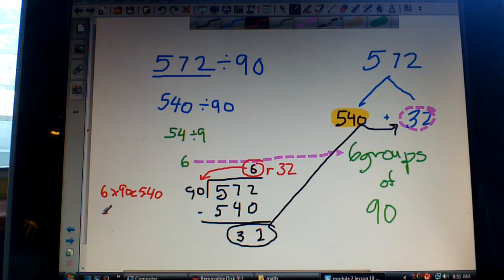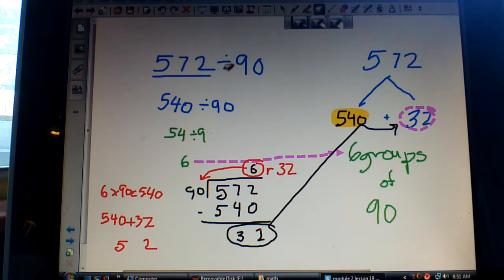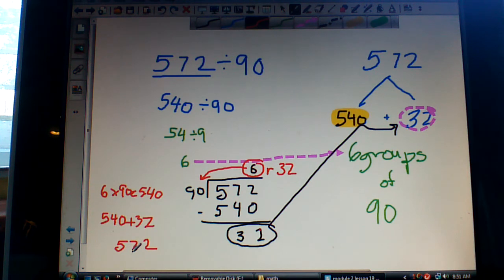And then we have our 540 plus our remainder of 32 equals 572. And this is the same as this, is the same as this. Okay? So that is today's lesson.